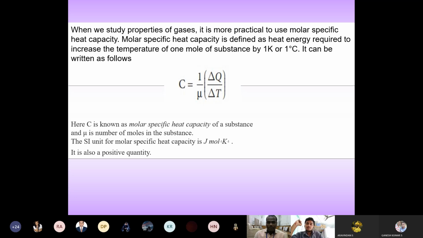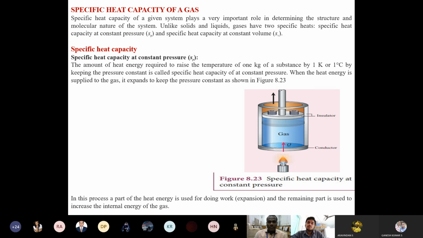So like in the previous case, we have molar specific heat capacity. So what is the specific heat capacity of a gas? We also have another definition of specific heat capacities of a gas.